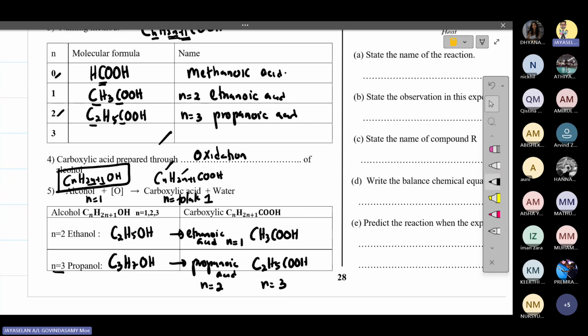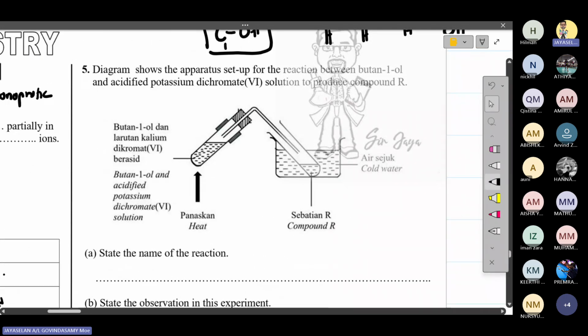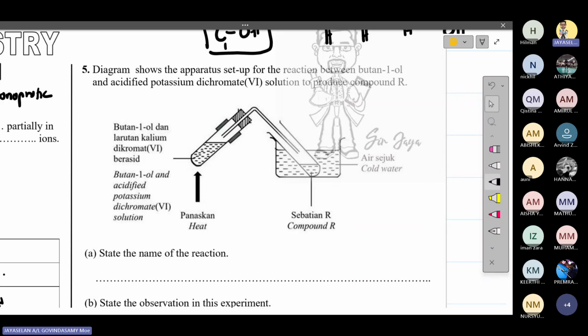Next one, the experiment setup tak pernah keluar dalam structure question. So I take the experiment setup from the objective question and design the question. Try to do this question. They put butanol, alcohol. What is the general formula?